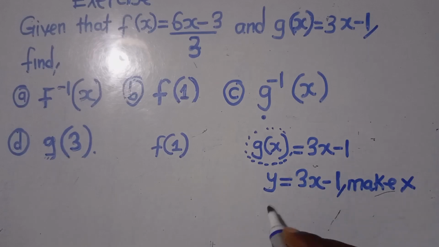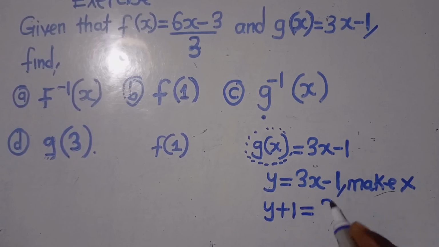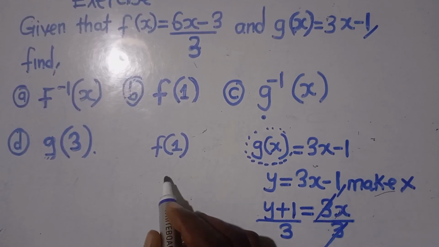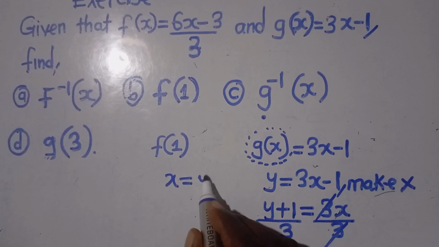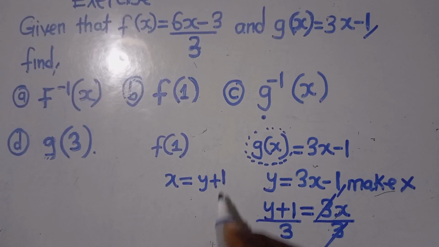So what you are going to have will be this one comes inside. This is y plus 1. This is negative, and when it crosses the equal sign, it becomes positive, like this. You divide both sides by 3. Even here you divide by 3. So this and that are going to cancel. You are going to have x, which will be equal to y plus 1 over 3.